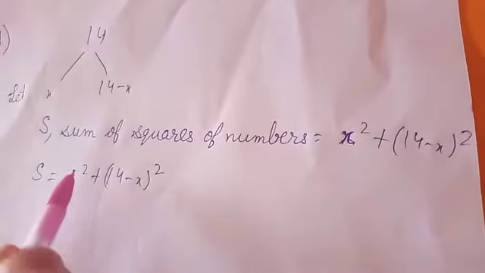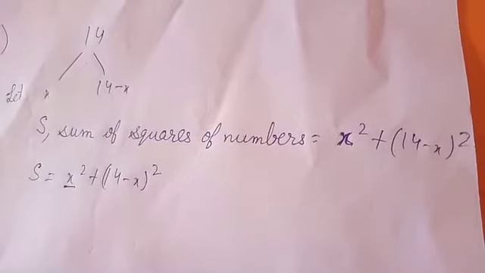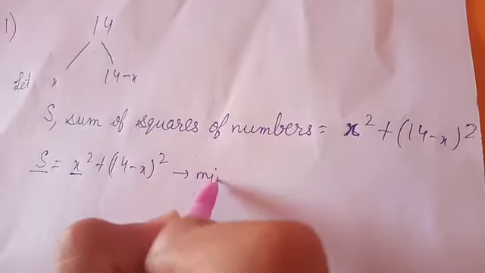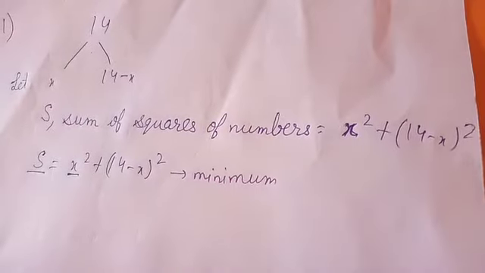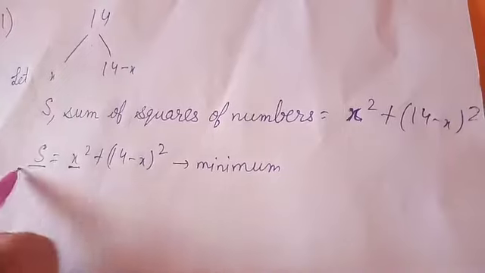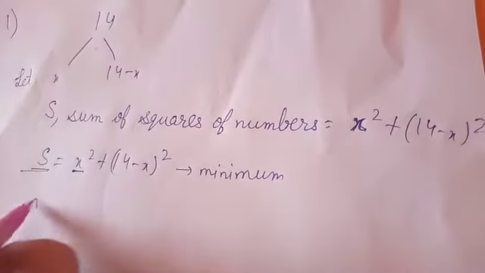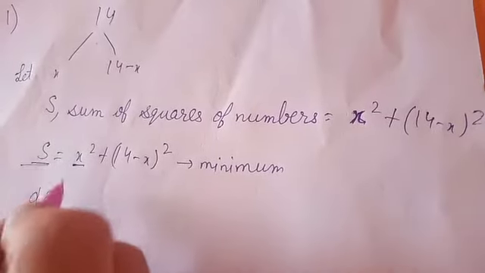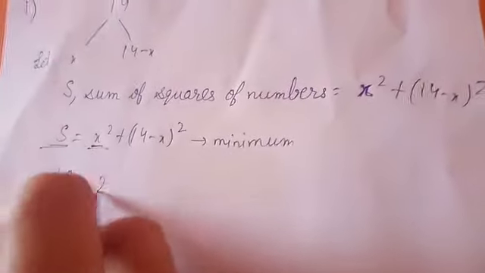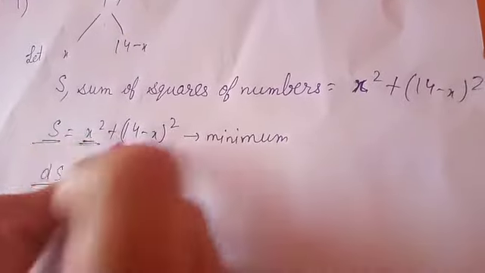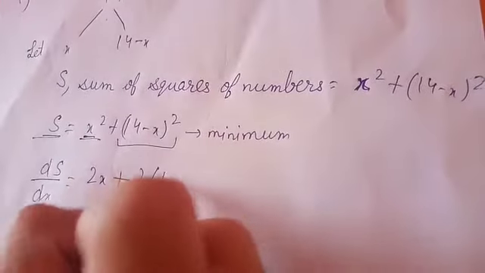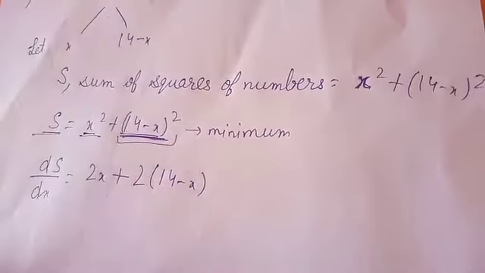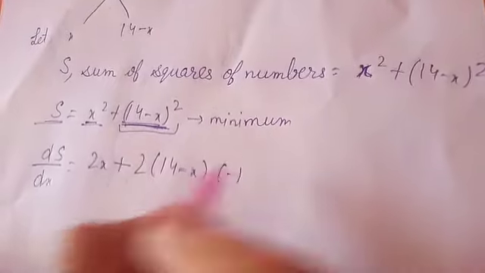Now we have to do two things: find the value of x, and prove that the sum is minimum. So first of all, we will take the derivative of our sum. dS by dx equals 2x plus 2 into (14 minus x) into the derivative of the base, which is minus 1.